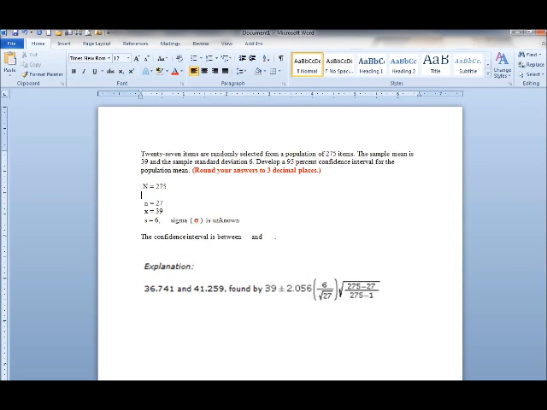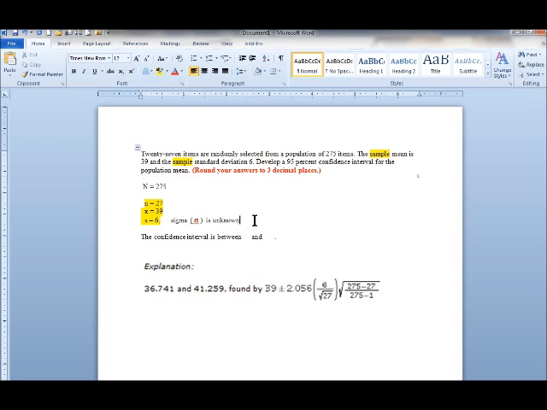Everything that we know here, and I'm going to highlight that in yellow, is about the sample. Everything has to do with sample, sample, sample, right? Sample mean, sample standard deviation. We know this is the greater population, but all the other information is about the sample.